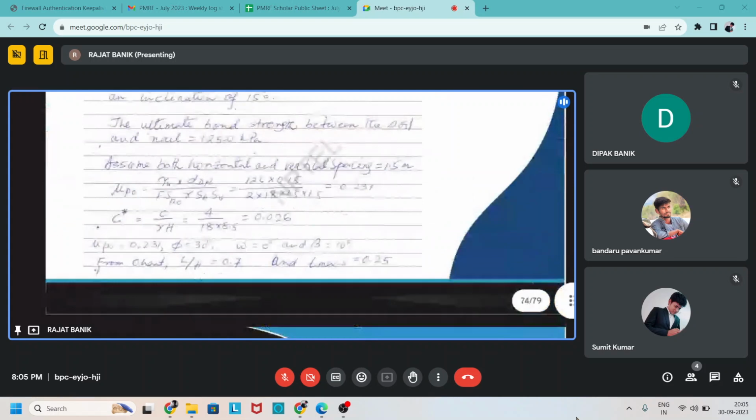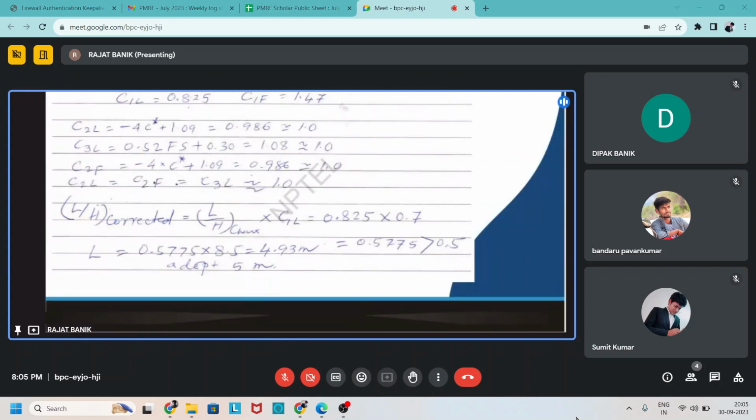After applying the correction, the value for L by H is 0.5775. After multiplying with the height of the wall, we find the length of the nail is 5 meters.